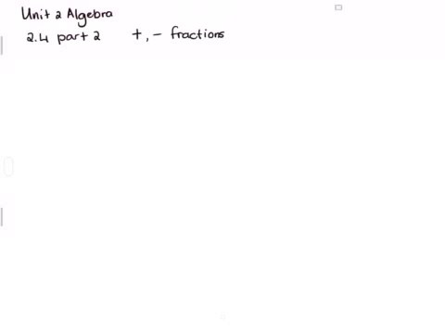Right, so here there's still the rule of factorize if it's not factored, but we now also have to get a common denominator. Common denominator. So let's go on using examples again.